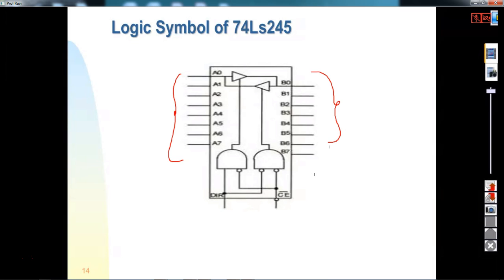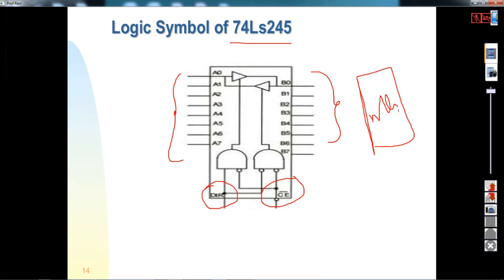Here you have a pin called DIR, and here you have chip enable. This side you connect your memory when designing a simple system, and this side you connect the 8086.